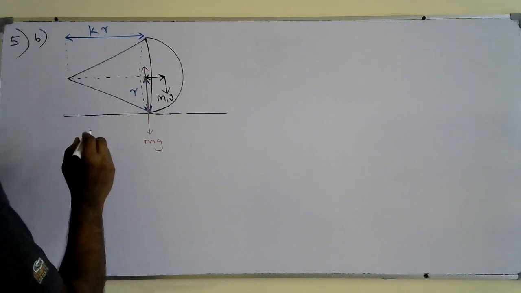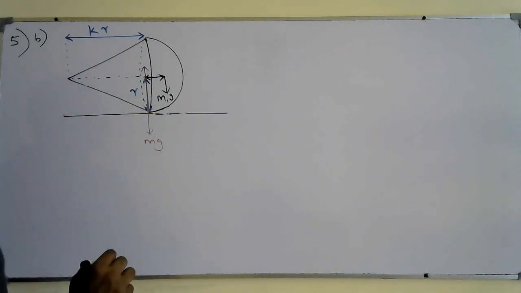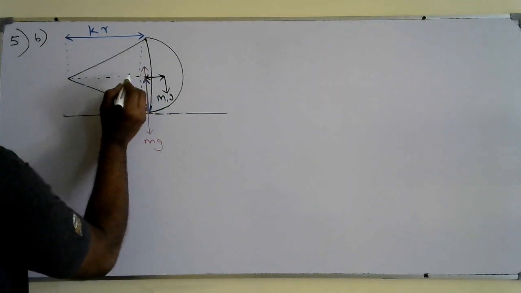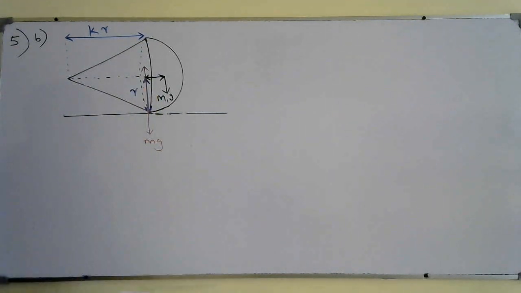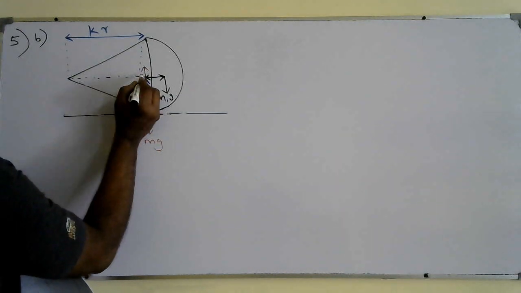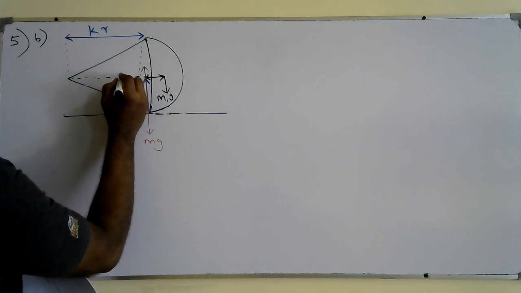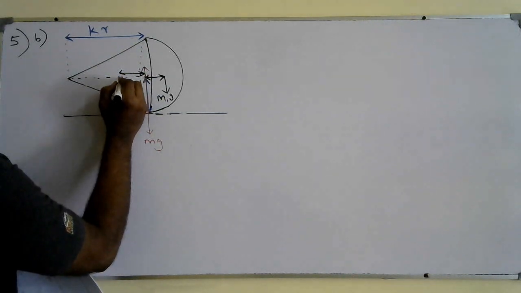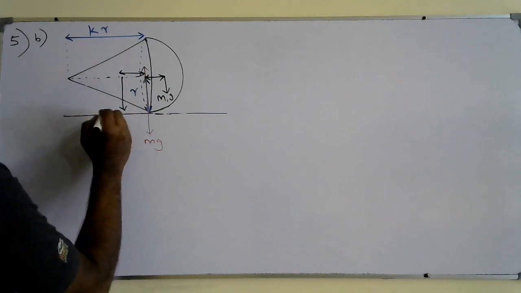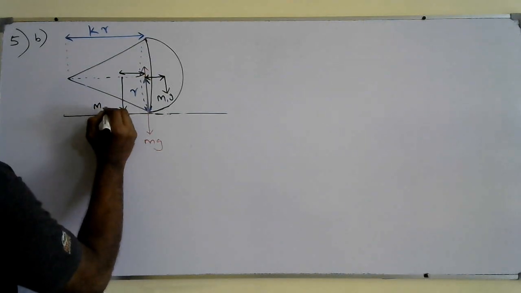The mass of the solid cone, from the base, the center of mass given in the data sheet, is at 1/4 of the height. So 1/4 of the height somewhere here, there its weight acts, the weight of the solid cone, m2g.